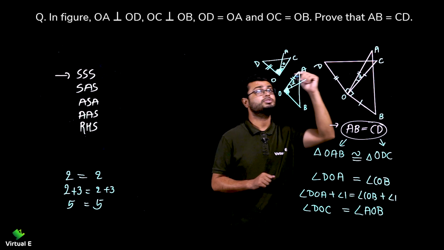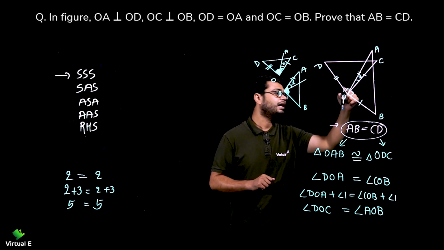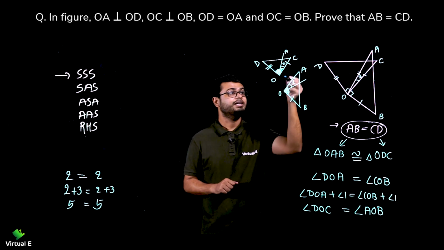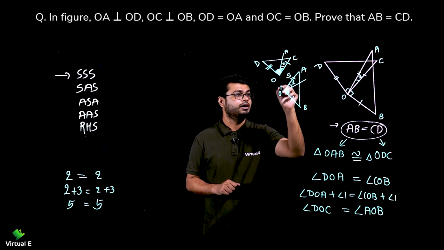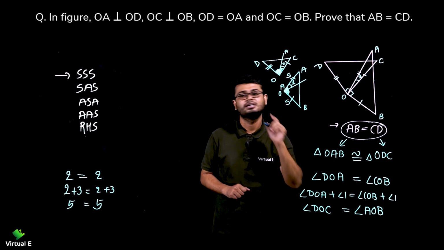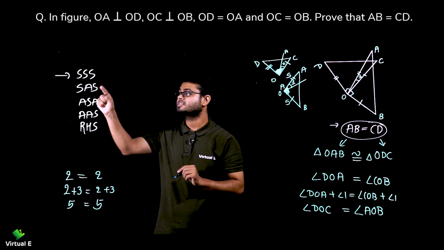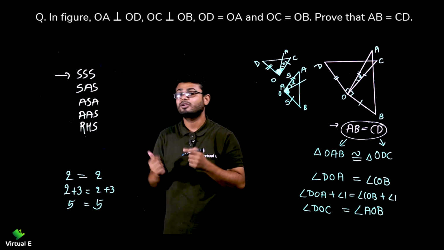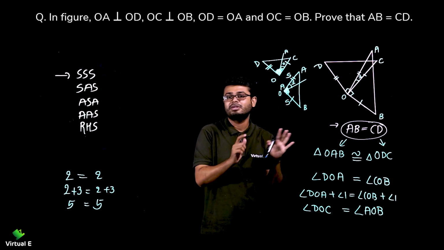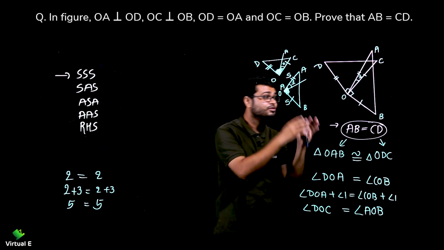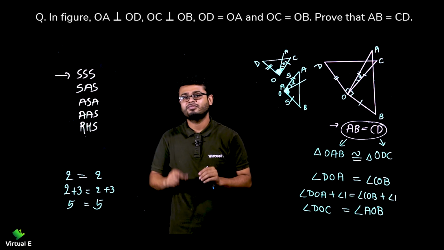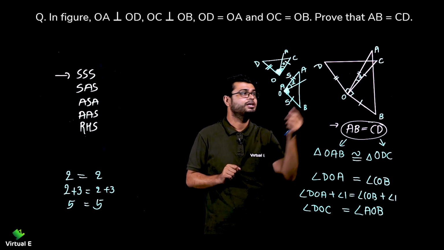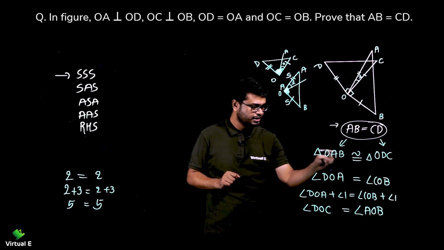Now let's talk about OC here and OB here. So if we write in the way SAS, this is the side angle side criterion, right? I told you we are not going to talk about SSS. We need one more side, and there are no common sides visible over here. We had angles, so first of all think in the direction of the angle only. So if we use the SAS criterion, we can prove these two triangles are congruent.